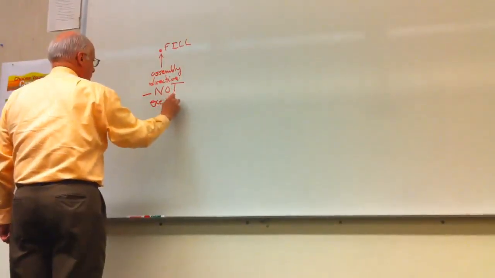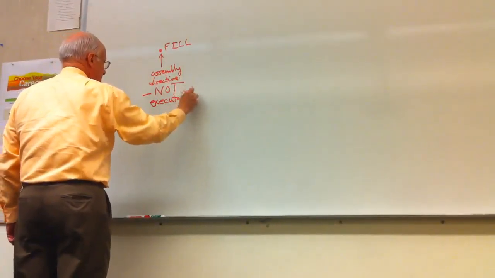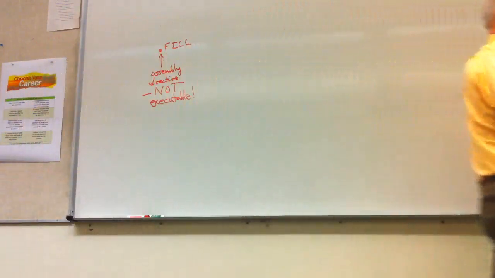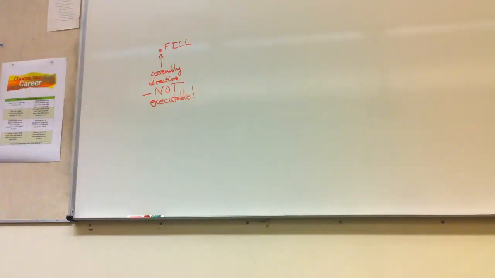Executable. It is not something that it does when the program runs. It's something that is done as you are constructing the thing that's actually going to be loaded in and executed.